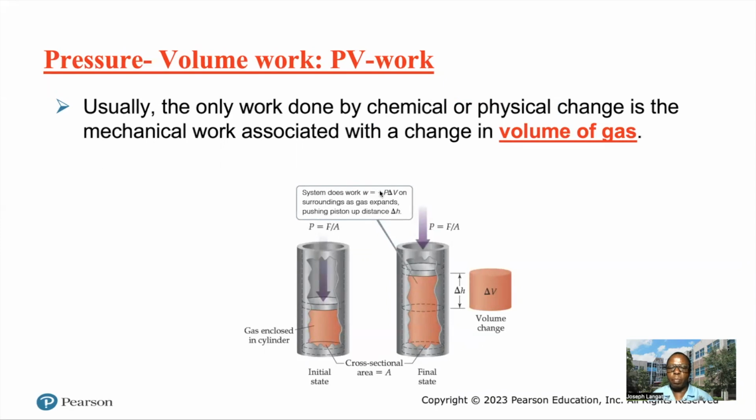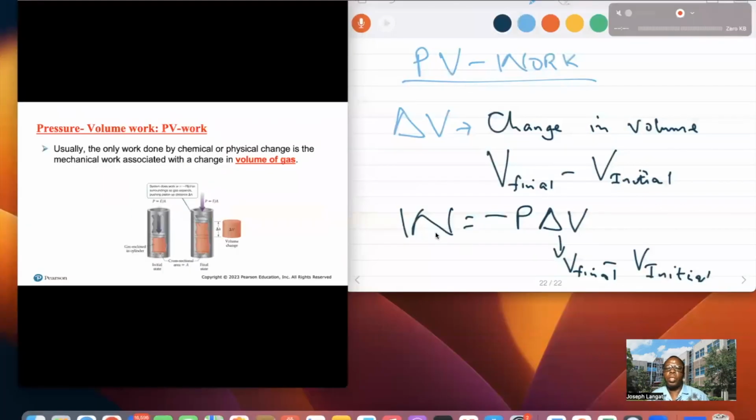There is a negative here. Please look at my cursor, negative. And then change in volume, which is V final minus V initial. Oh, sorry, I just didn't have my whiteboard. This is the equation for calculating work, W for work. And again, go back to work done by the system, work done on the system.